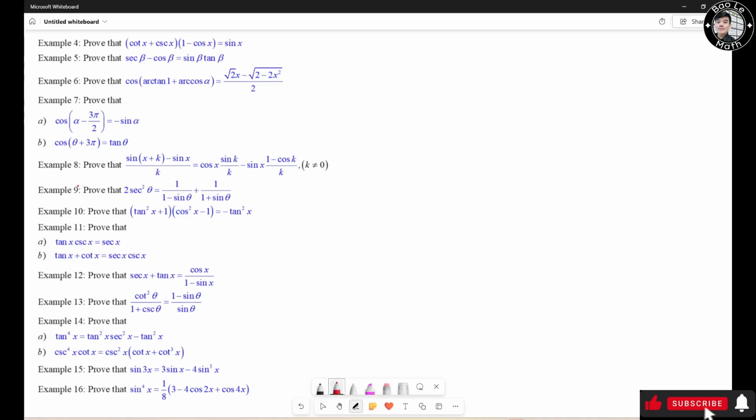Now let's take a look at example number 8. We need to prove this one, right? We have the left hand side is going to be sine of s plus k minus sine s over k, right? Now we need to apply the formula sine of a plus b.